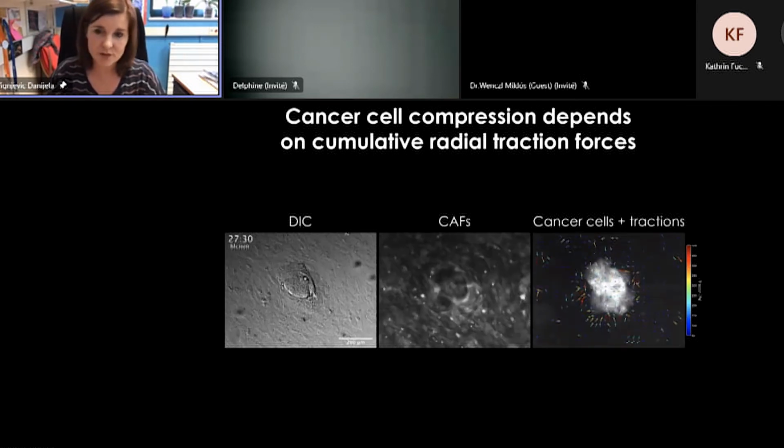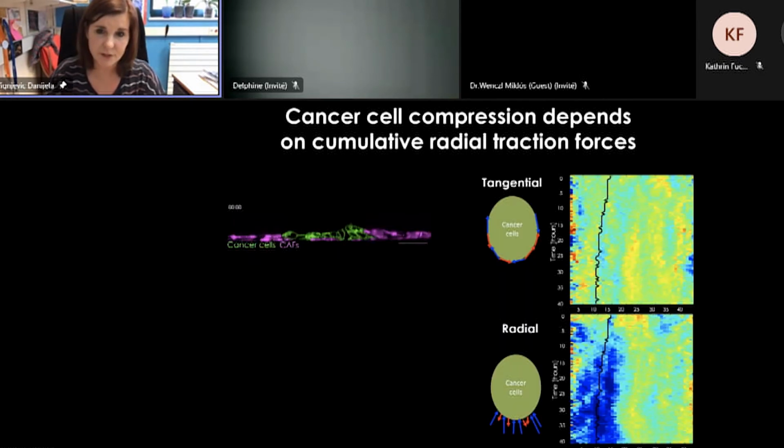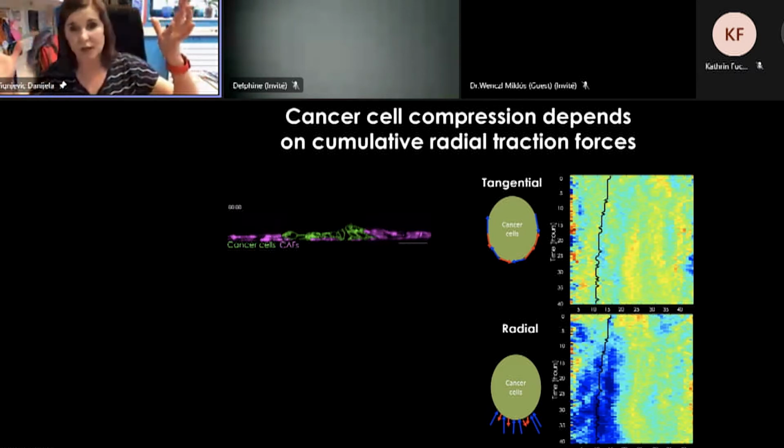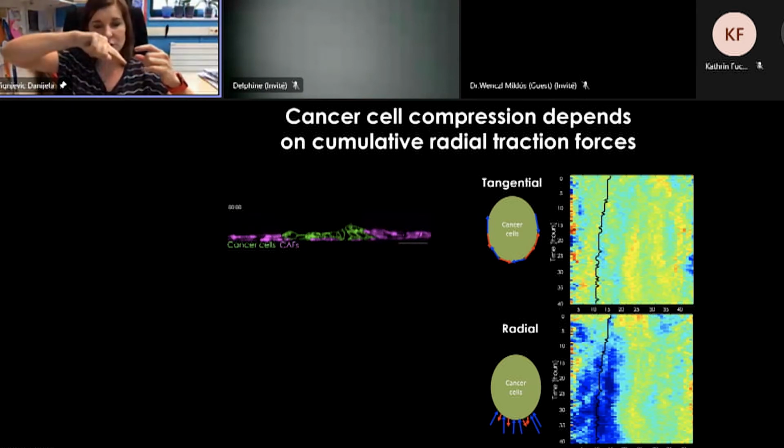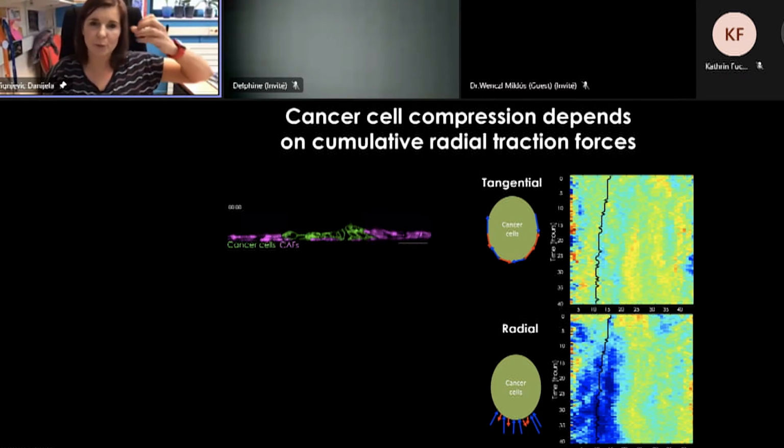And now, due to the circular geometry of the system, we can decompose those forces into the tangential, that will be the forces corresponding to the migration of the fibroblasts around the clusters of cancer cells, or radial, and those will be the perpendicular forces. There could be pulling forces, like the red ones, or compressing forces, the blue ones.